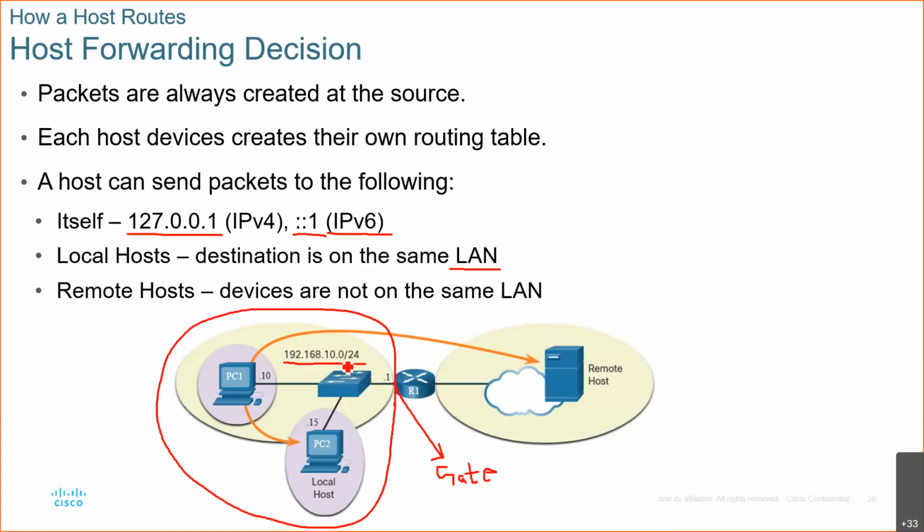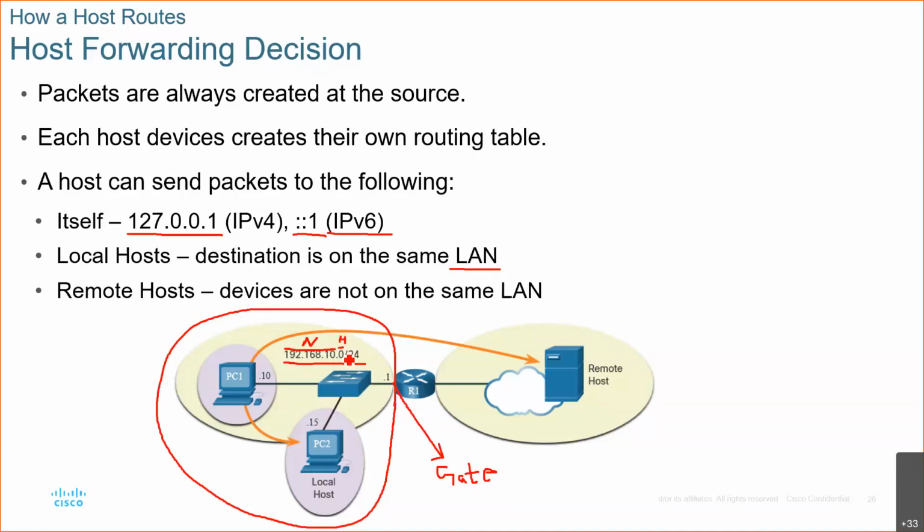In other words, it means this network consists of 8 plus 8 plus 8, 24 bits for the network, 8 bits for the host. That means 192.168.10 will always be the same.